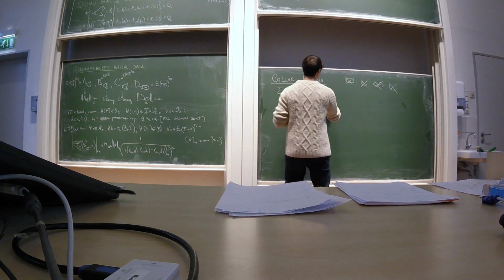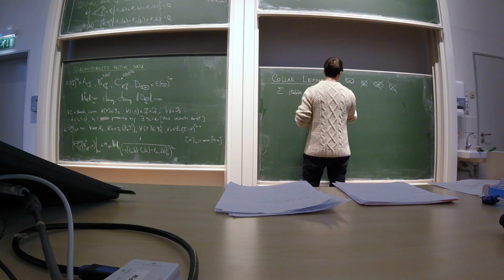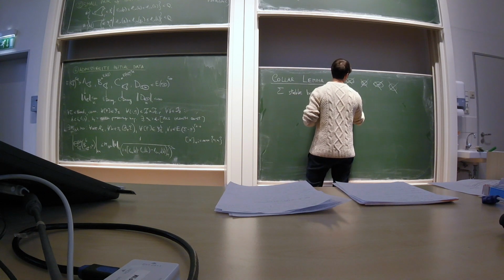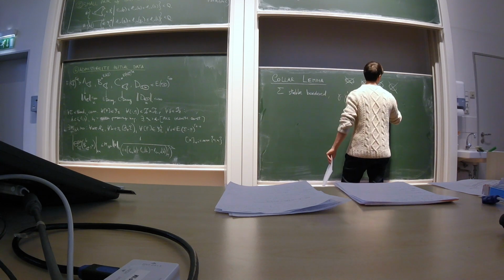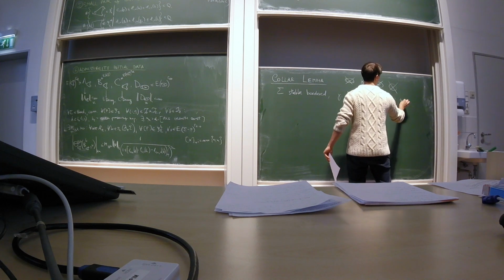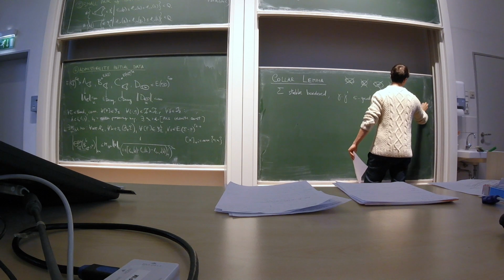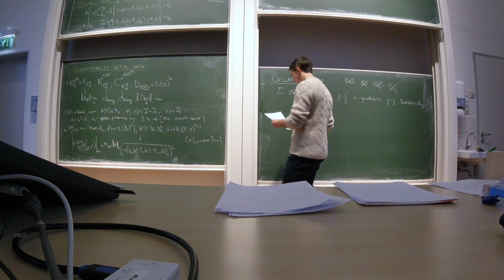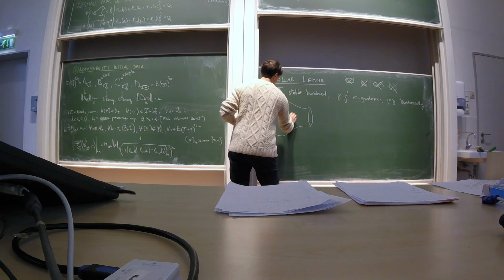Okay, and then you want to pick gamma and gamma prime, which are both sigma geodesics. You also want them to intersect transversally. And you have two possibilities.